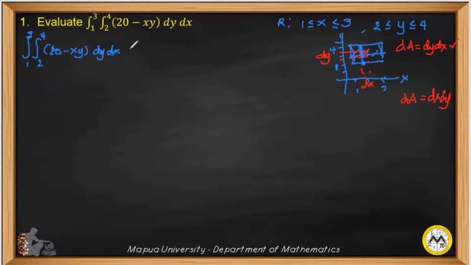Hence, to evaluate the double integral, we consider first the inner integral, the integral of 20 minus xy dy, where y goes from 2 to 4. So evaluating, this is equal to, we write the outer symbol of integration.